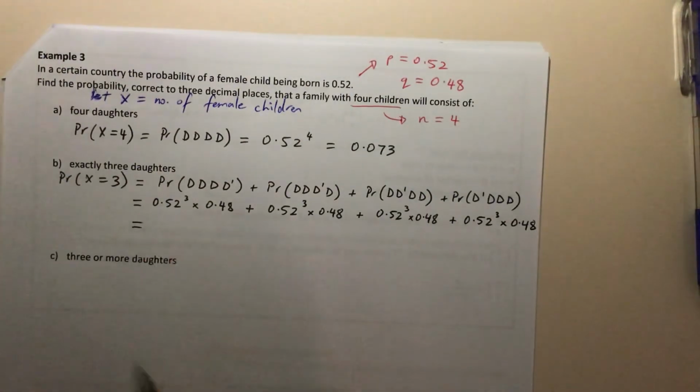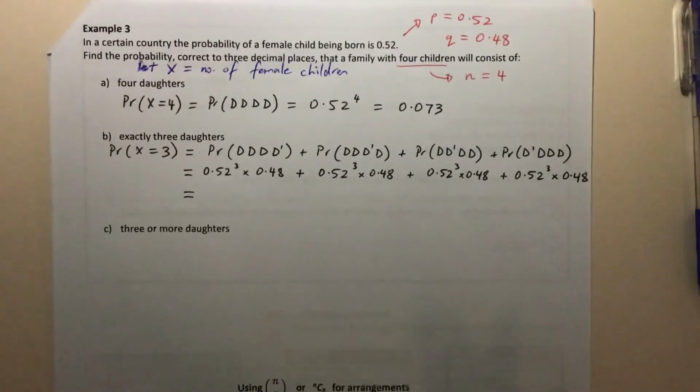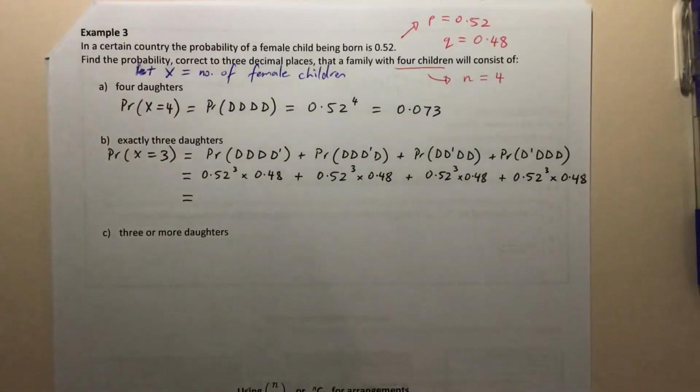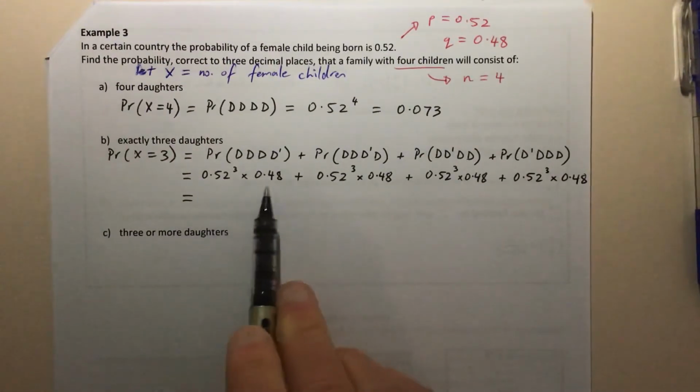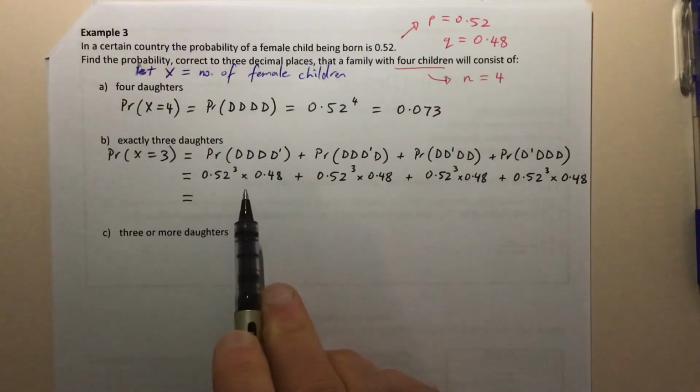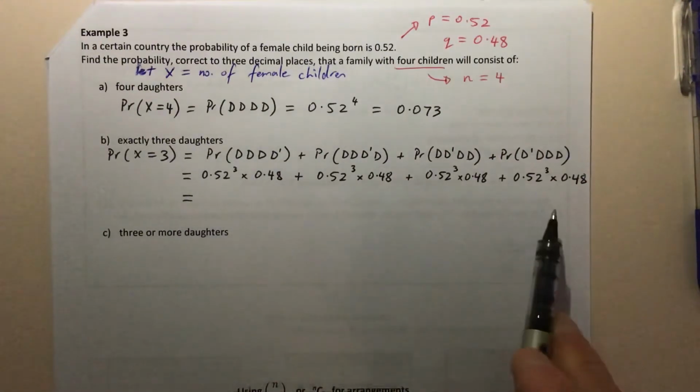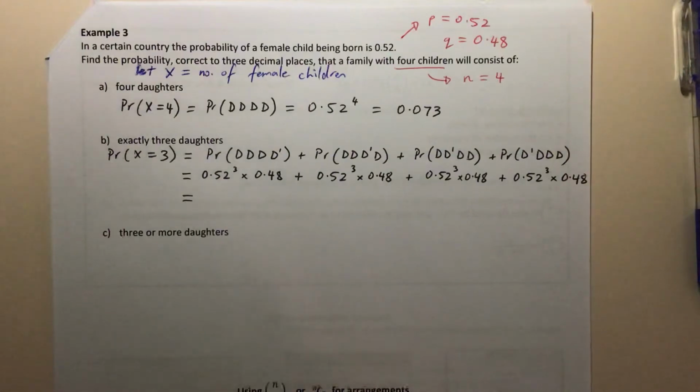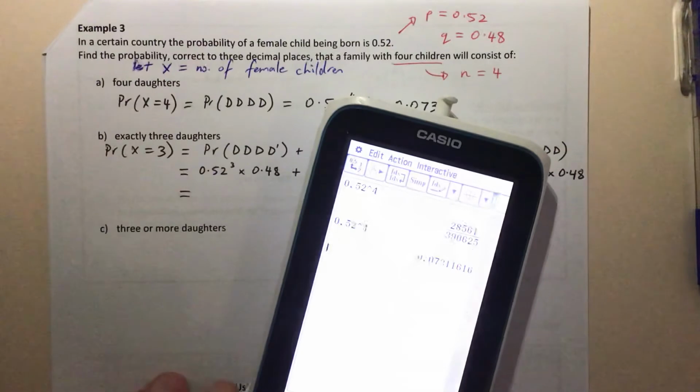And so you can see from this working out that a much quicker way of doing this calculation would be to calculate this probability once and then multiply it by 4, because there's 4 different ways we can get this outcome. All right, so that is leading us towards the quicker way of working out binomial probabilities. Now, let's finish the question off because we've still got work to do here.